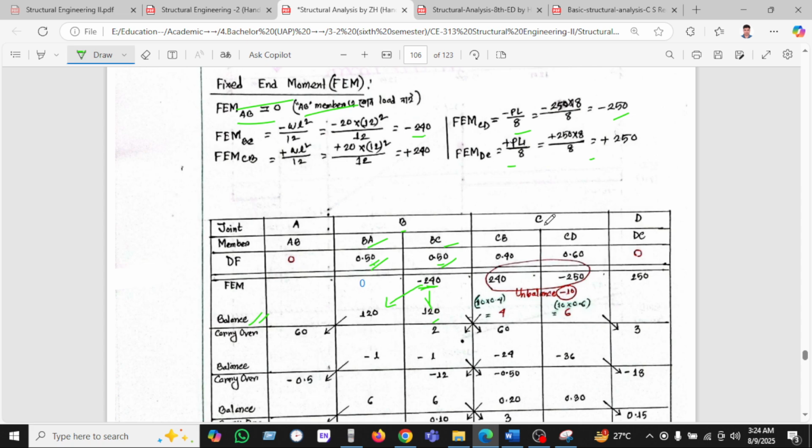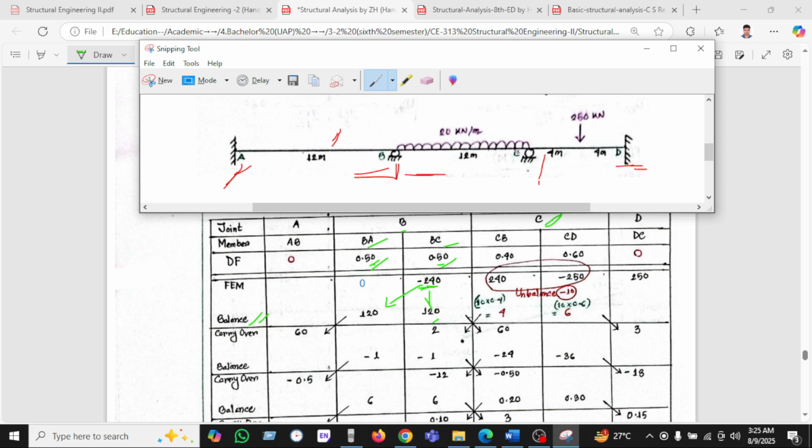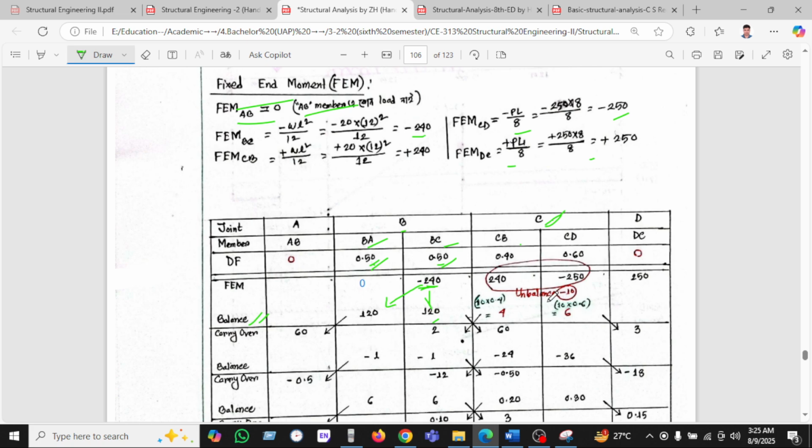Okay, so point C. As we have seen here, this is the point C. There are two portions, one left and another right, which are CB and CD. The fixed end moments we have seen here are 250 and 240 for CB. This is the 240 and this is the 250.